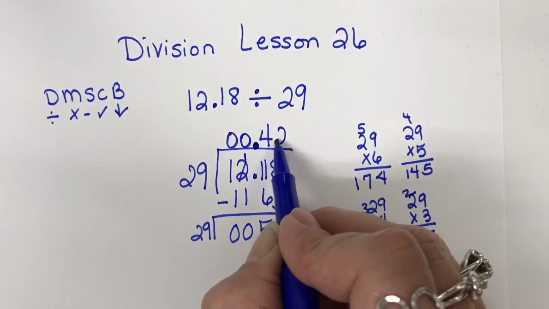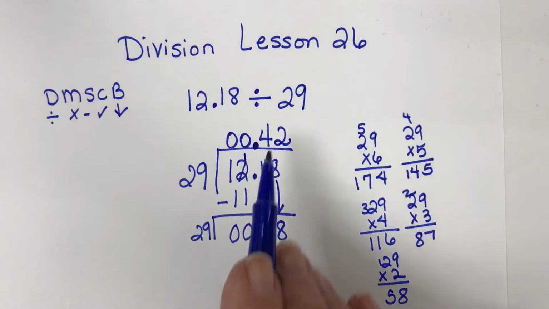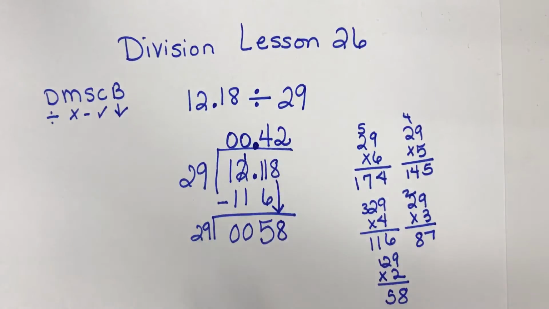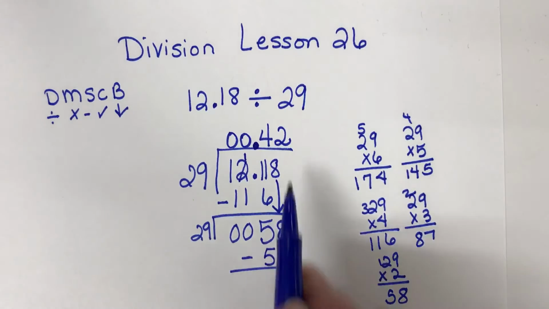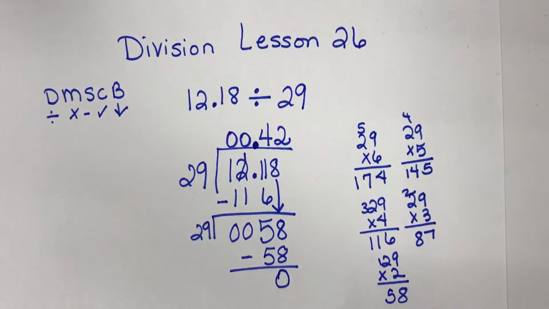Perfect. 29 goes into 58 2 times because 2 times 29 is 58. When I subtract, I get a 0. 0 is less than 29. I have no numbers to bring down. Also, you need to remember with decimal numbers, you usually do not have a remainder.